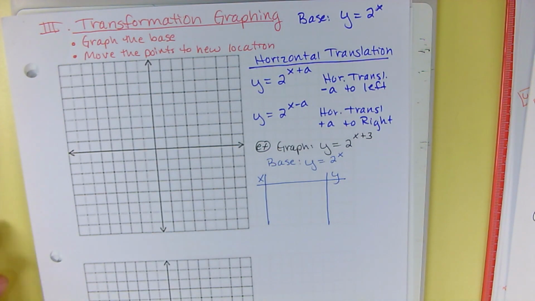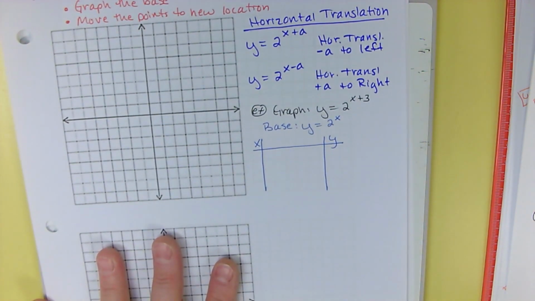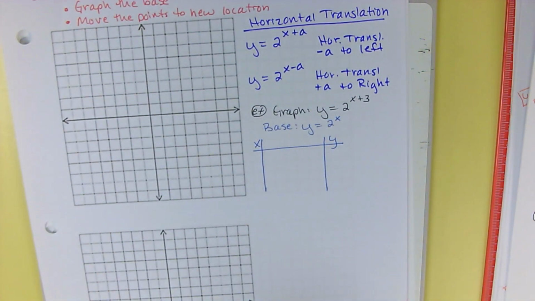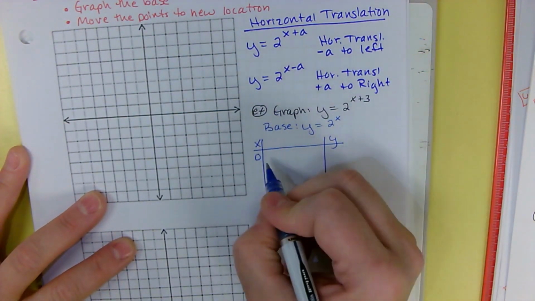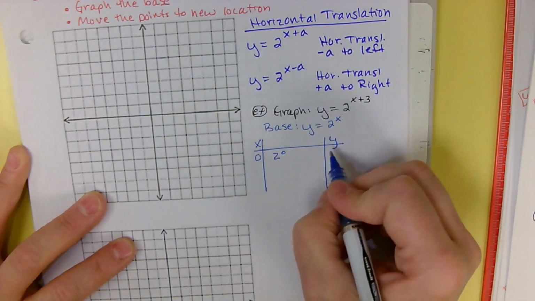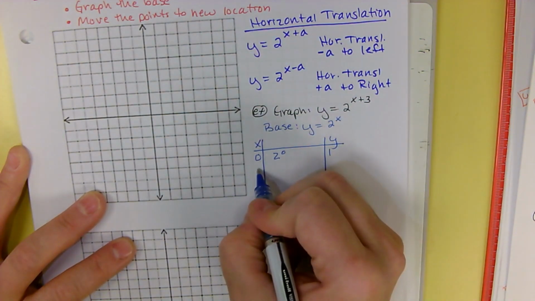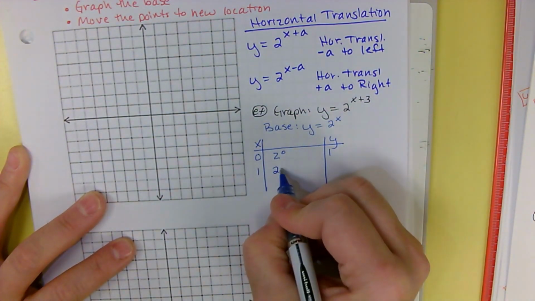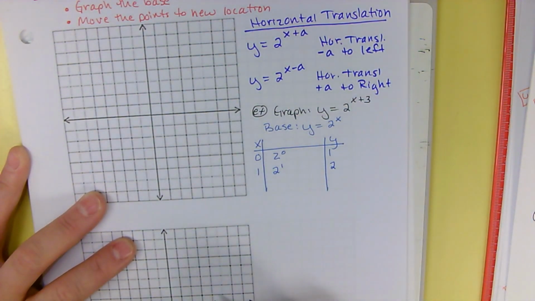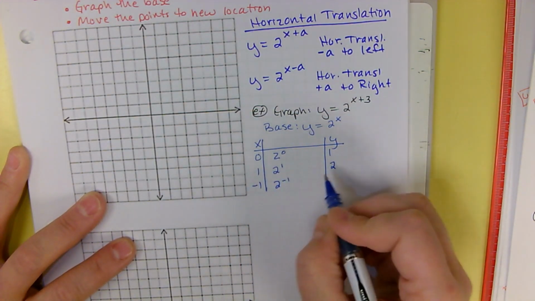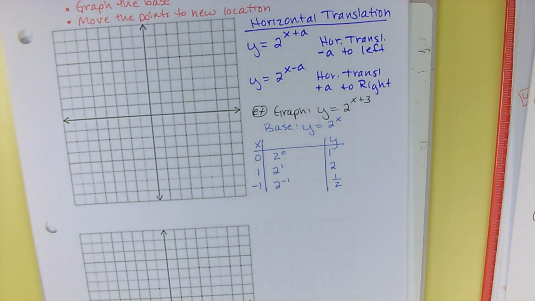So once you get the points, you don't have to keep calculating the base graph. You just use the same points. So if x is 0, 2 to the power of 0 is 1. If x is 1, 2 to the power of 1 is 2. If x is negative 1, 2 to the power of negative 1 is 1/2.